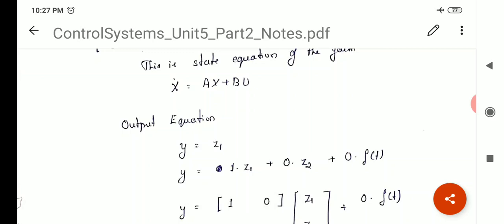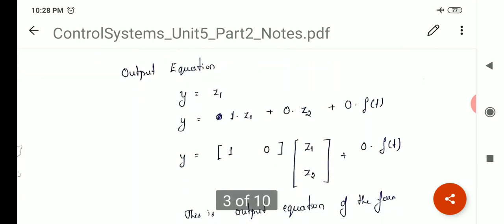So write it in terms of all the state variables. The coefficient of z1 is 1, for z2 there is no z2 term, so I am giving it a coefficient of 0, and the input is f of t and its coefficient is 0. Now I can rewrite this output equation.